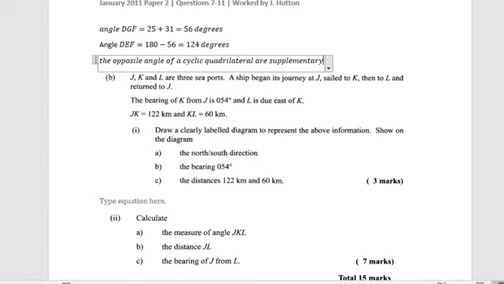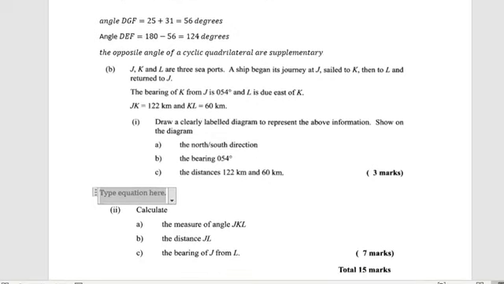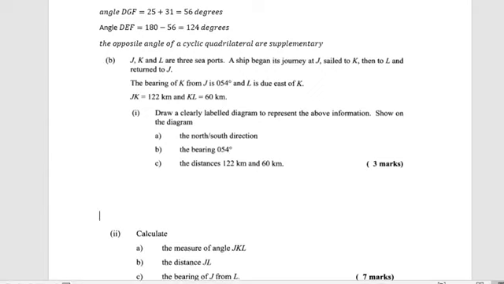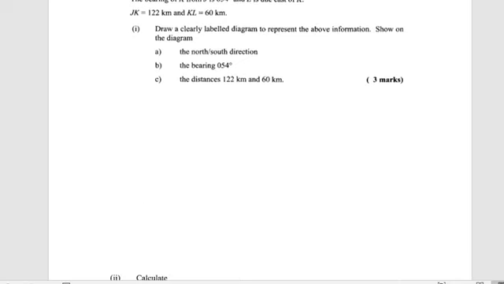So draw a clearly labeled diagram to represent the information. Show on the diagram the north-south direction, the bearing 54 degrees, and the distances 122 kilometers and 60 kilometers.